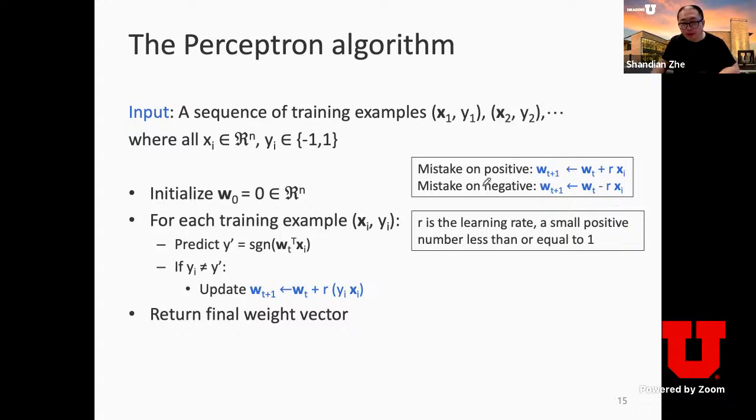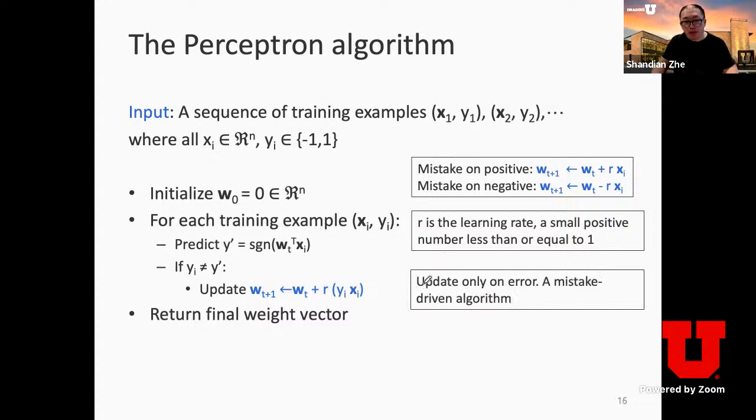Here, again, I want to emphasize that r is a learning rate. It is quite similar to the learning rate we discussed in stochastic gradient descent and gradient descent. It's a small positive number, less than or equal to 1. Although in our theorem and analysis, for convenience, we just choose r to be 1, in practice you can choose r to be sufficiently small to make your update smoother and more stable.